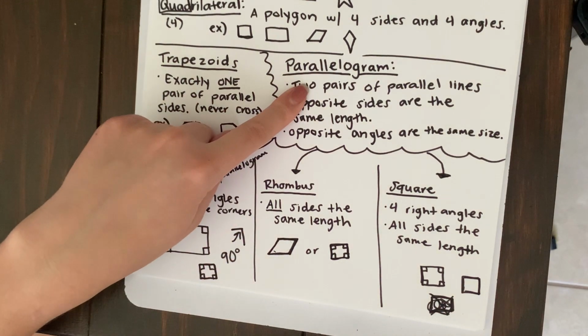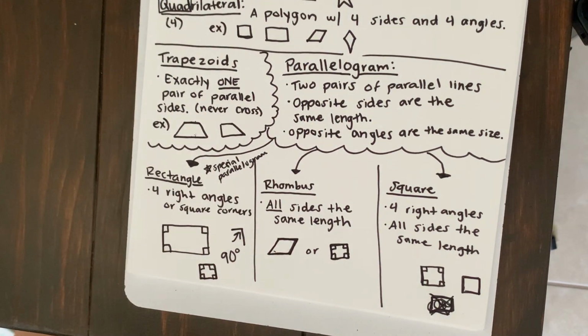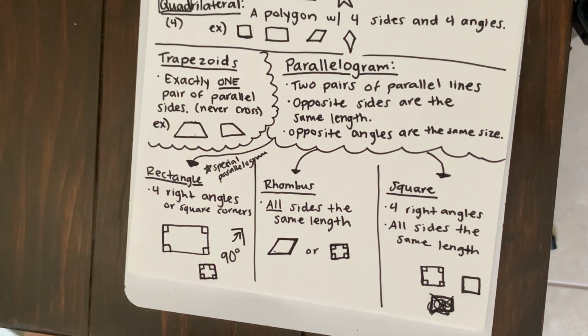It can be called a parallelogram because it fits into that. And it can be called a quadrilateral. So you just have to look at each shape individually and look at all of the rules that it needs to decide if it can go to that club. The only club that this one can't go to on this paper is the trapezoid club because it doesn't have exactly 1 pair of parallel lines. It has 2. Okay, so hopefully that helps make a little bit of sense.